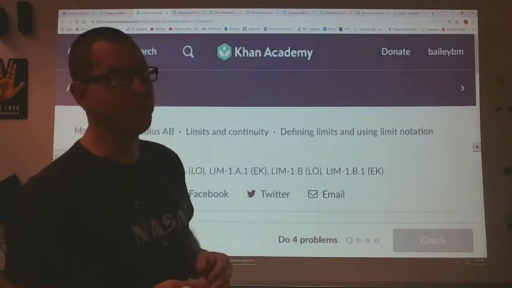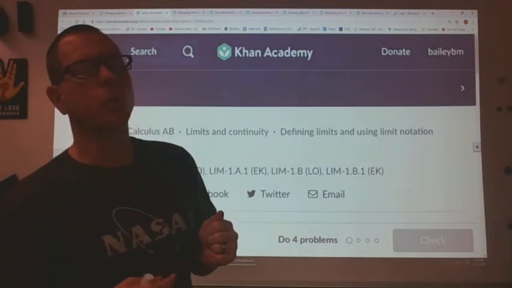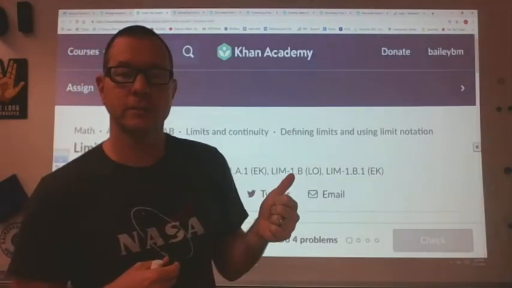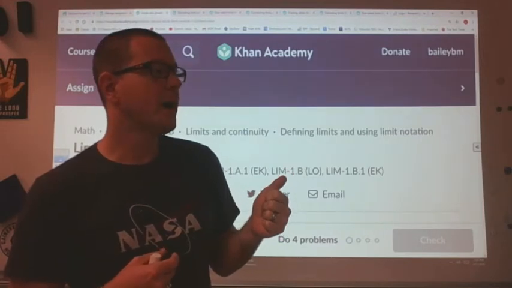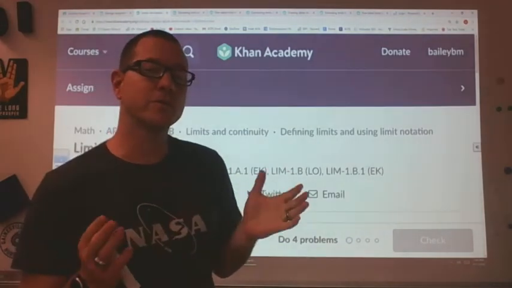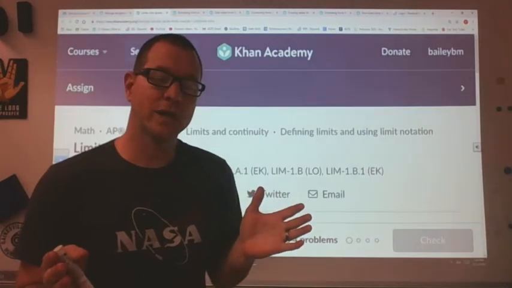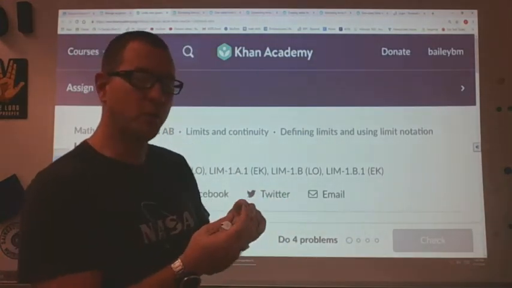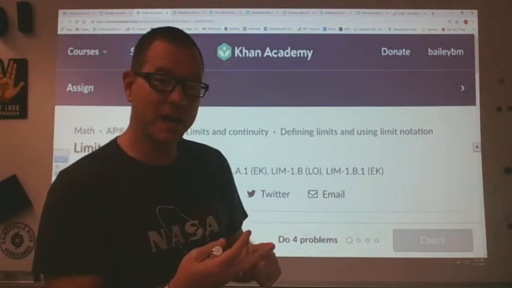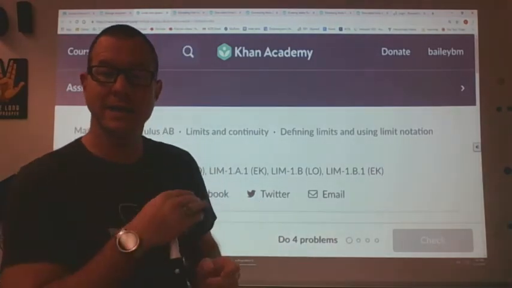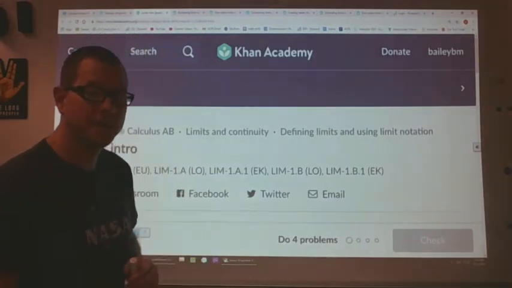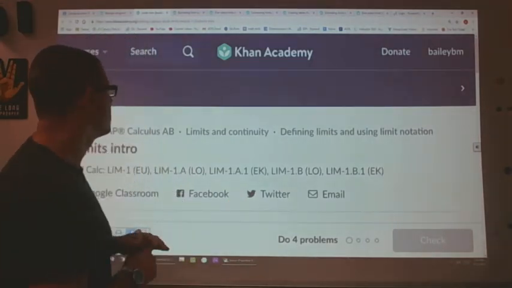Limits are very simple. If I want to know what the function is doing, let's say at the value 3, then I'm going to look at things that are around 3 and try to figure out that pattern. So I'm going to look at maybe 2, 2.5, and like 2.9, 2.99, and kind of figure out a pattern that tells me what the function is doing at 3.